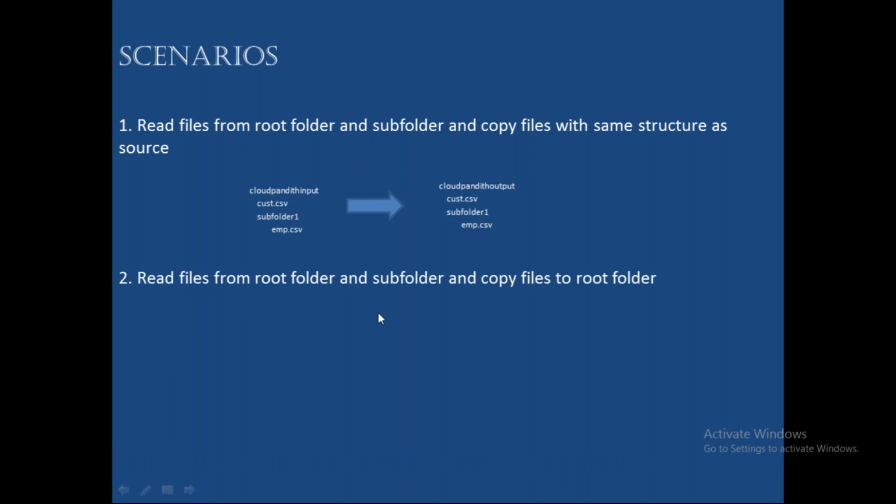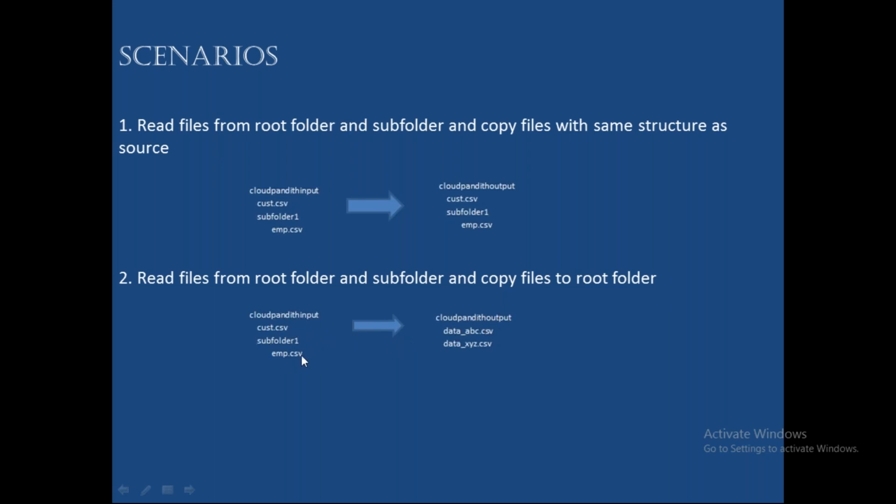Read files from root folder and subfolder, copy files to root folder. What it means: you have Cloud Pandit input, cust.csv, subfolder one, emp.csv. When I copy, I need to get it like this. The cust.csv file you are keeping under Cloud Pandit output.